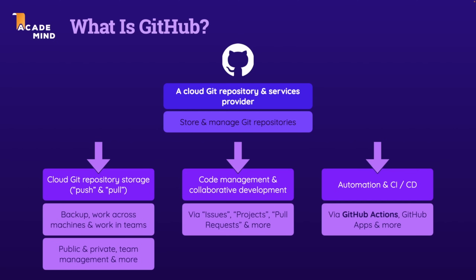And if you're using GitHub and those GitHub repositories, then you can store your code there and use that as a backup strategy, but you can also easily share it with other users or with yourself on a different device. In addition, GitHub also offers many other services that make project management, bug tracking, and automation a breeze.